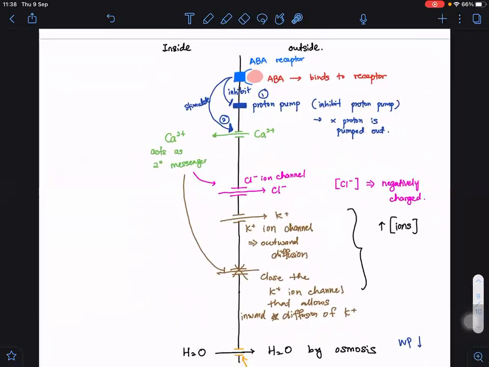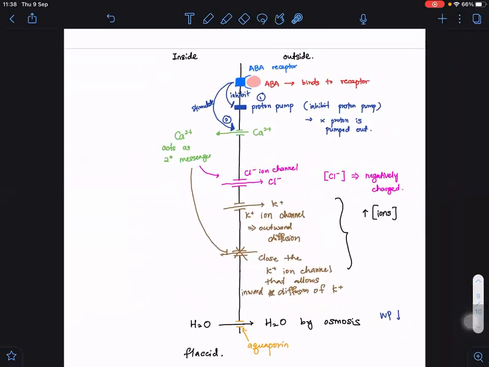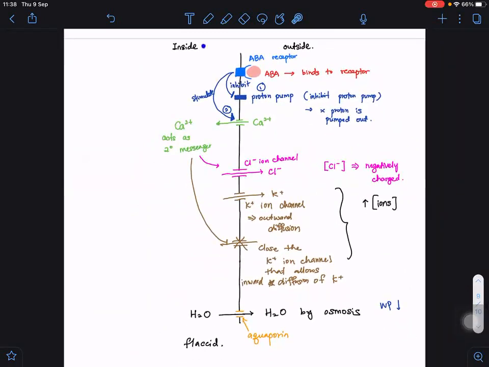Okay, look at this diagram. Inside the cells, outside the cells. So first thing, ABA. Can you see that ABA binds to the ABA receptor? With this hormone receptor complex, it triggers two reactions here.